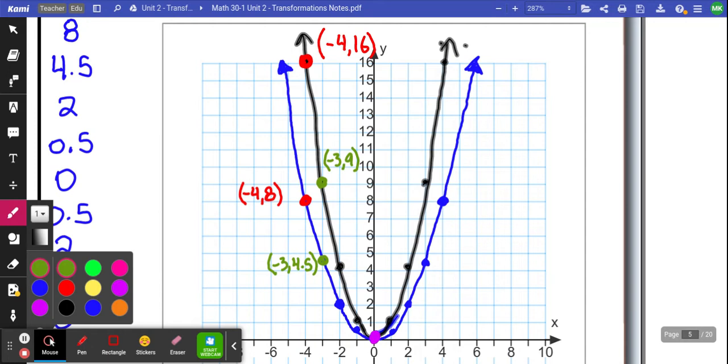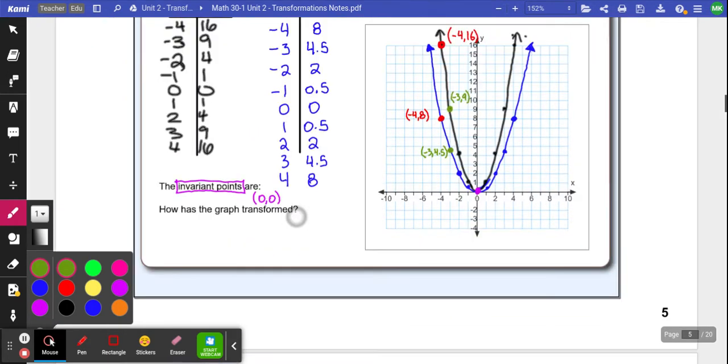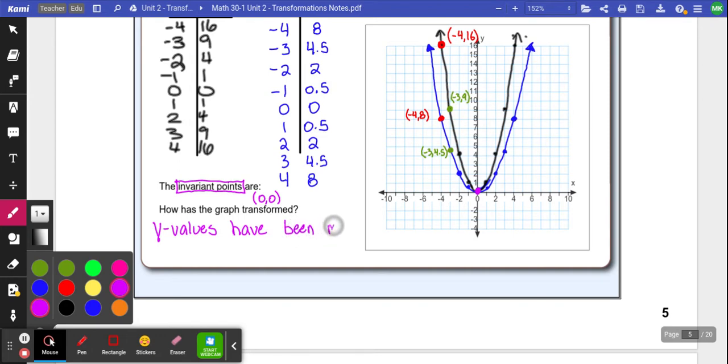We didn't just divide. So that question in the bottom left corner, how is this graph transformed? It is transformed. The y values have been multiplied by a factor of 1/2.